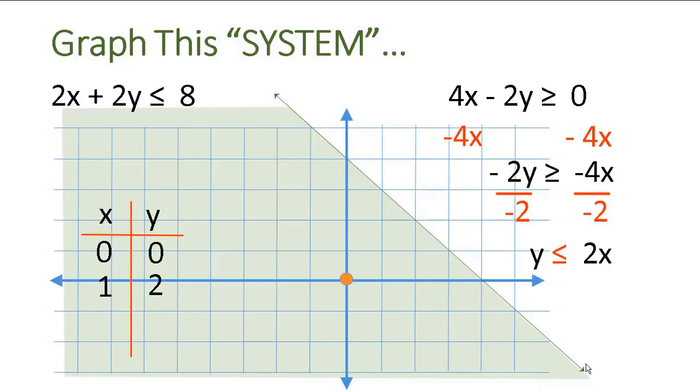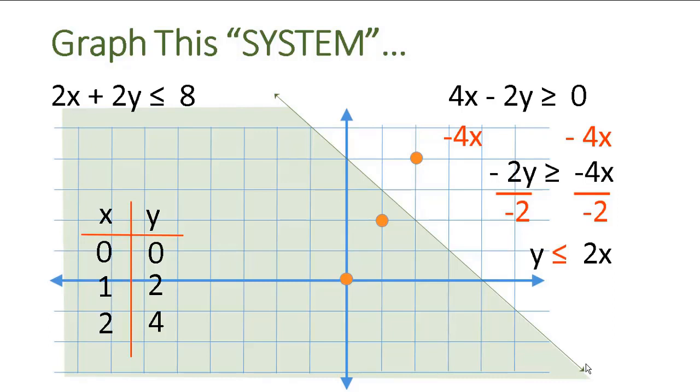So I'll graph the point 1, 2, go over 1 and up 2. And finally, like I say, I like to do 3 of them to make sure they line up. Putting in a 2 for x, I get y equals 2 times 2, or y equals 4. So I go over 2 and up 4. And son of a gun, they line up.